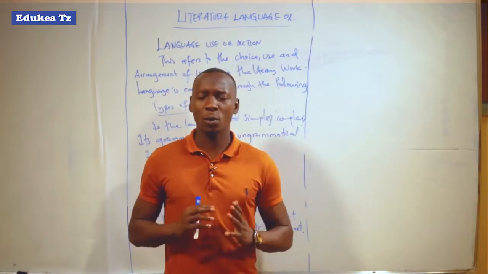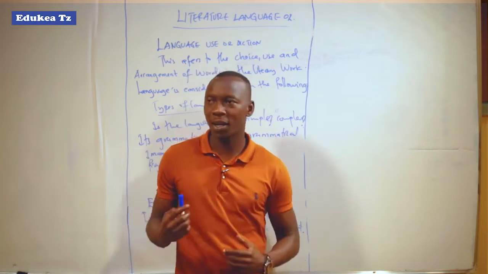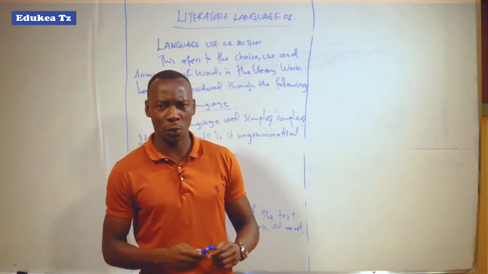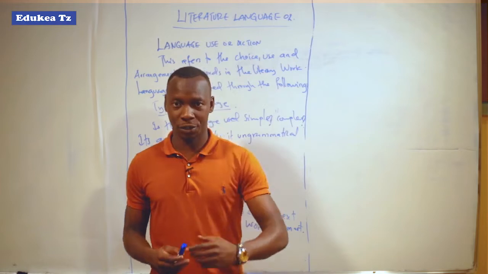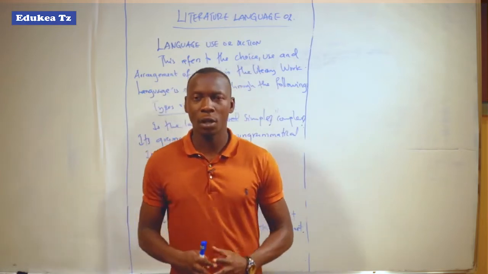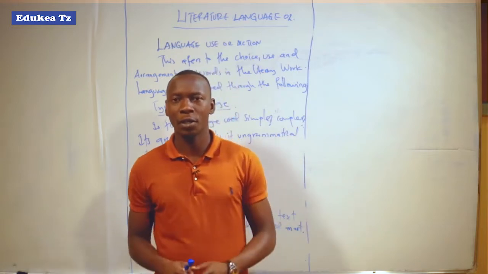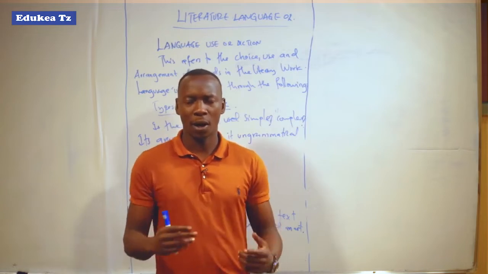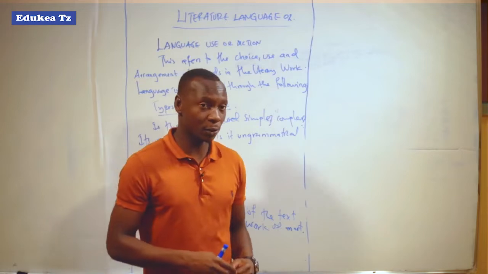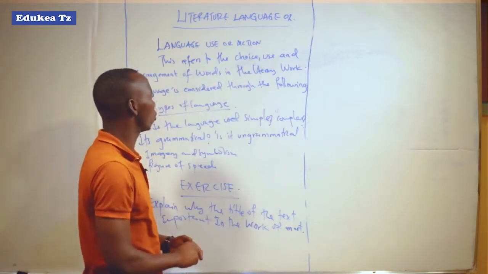So when you apply figurative language, automatically this language should differ from ordinary language, which may or may not have figurative language. If the work of art is written using ordinary language without figurative language, it will lose the features of a work of art, and the work of art will not be built. So this is what is meant by language use or diction.